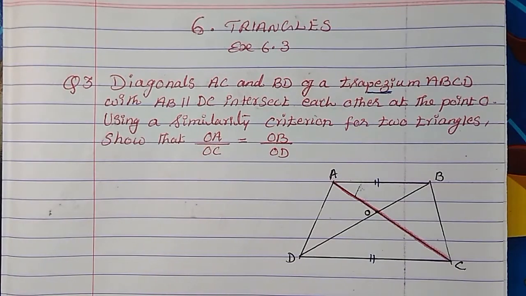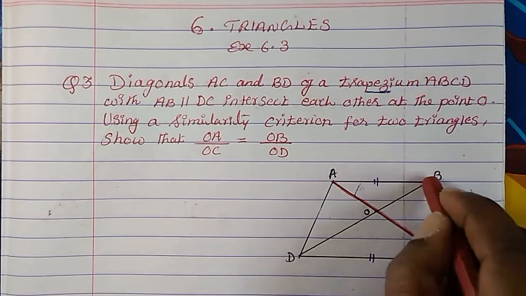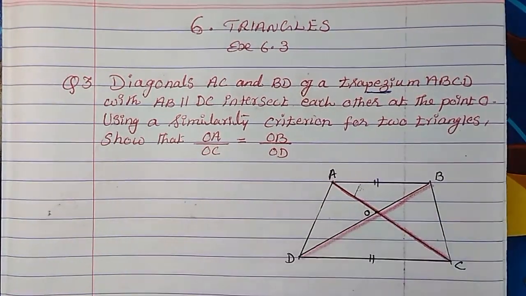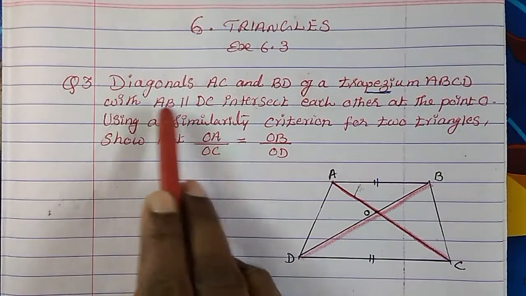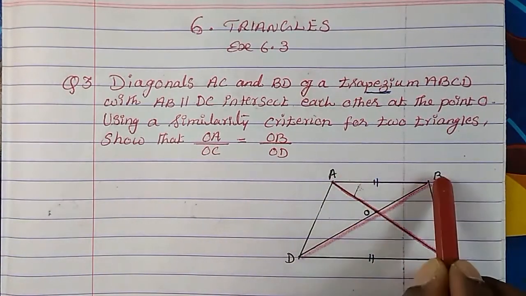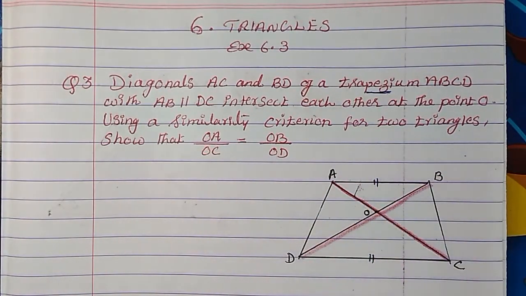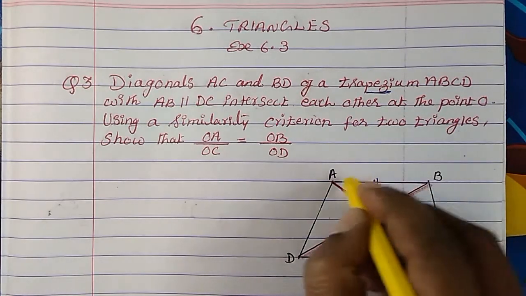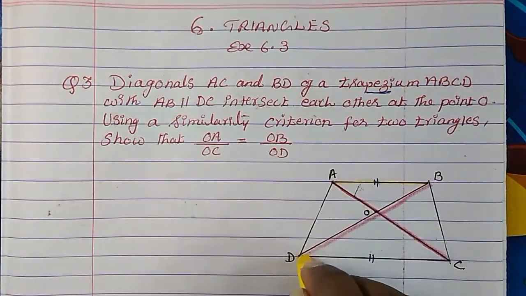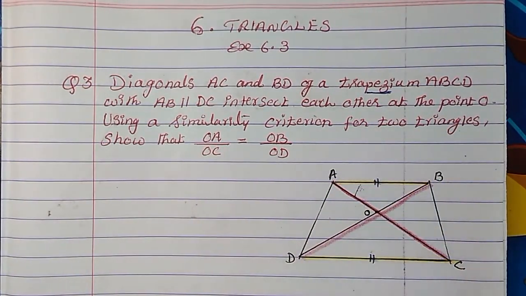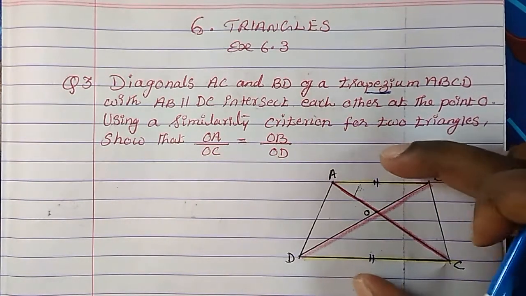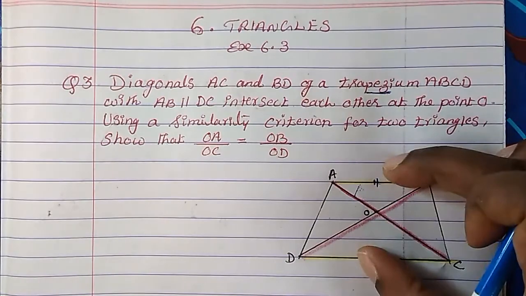Then OB upon OD, this side is there. So which triangles shall we take? And it is already given to us that AB is parallel to DC. So better to take these two triangles because this is the information we have. Before entering into the question, we first have to prove the similarity, so we have to show that these two triangles are similar.